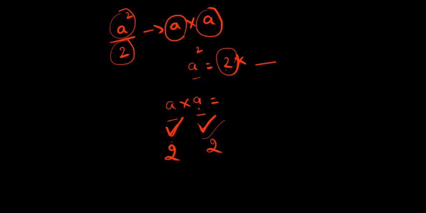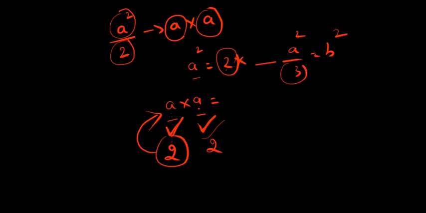If you take a square by 3 equal to b square, here also the same logic applies. If 3 divides a square, that means in a into a, 3 is present. 3 cannot be partially present in this and partially present in this. If 3 is present, it should be in both.